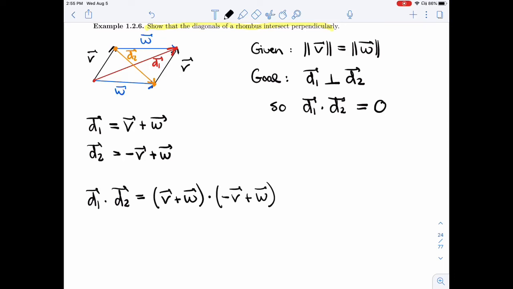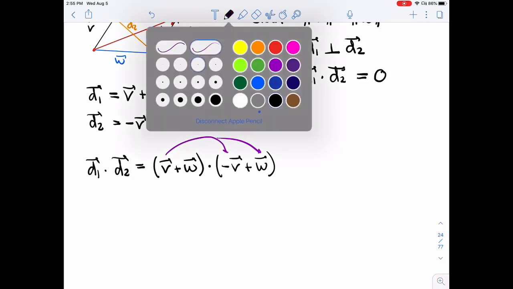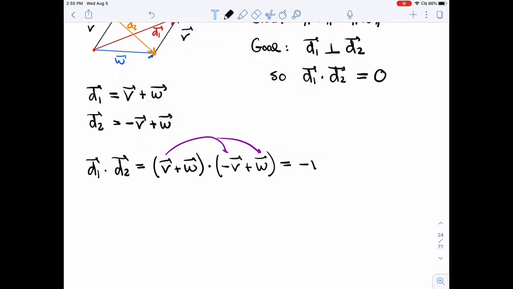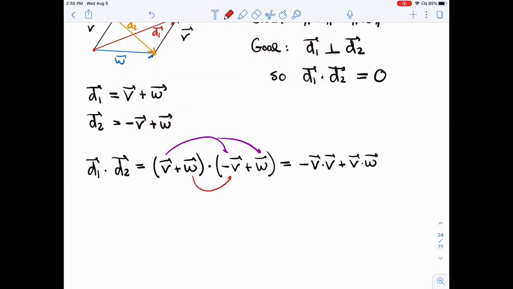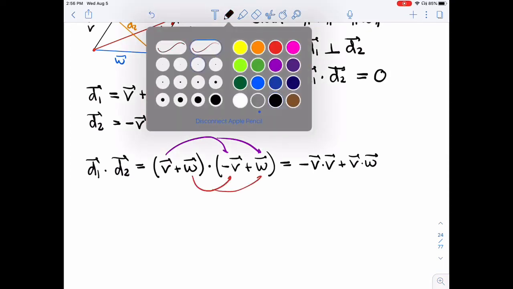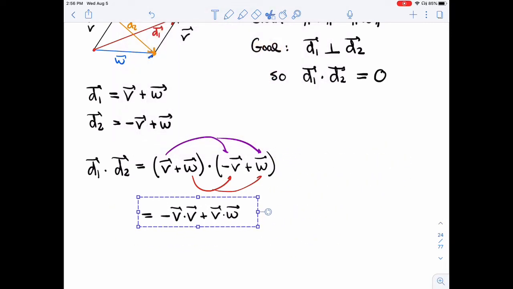And now we expand. I'll expand this way. I'm going to get minus V dot V. I'm going to get plus V dot W. And then I'll get these two, which will give me, actually I don't want to be squished on the side, let's put it here.